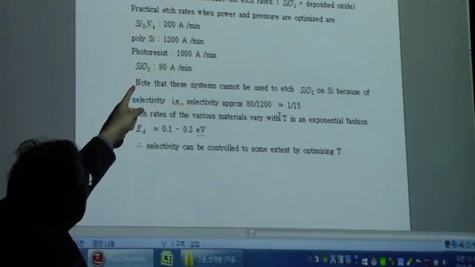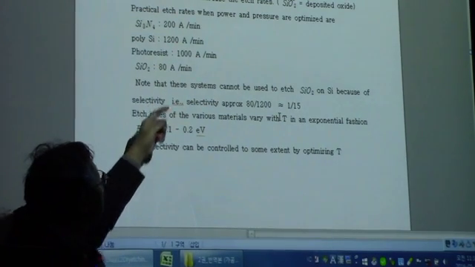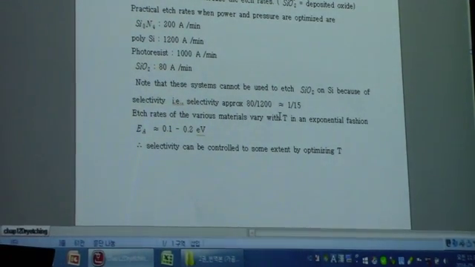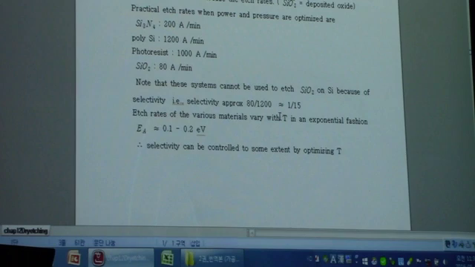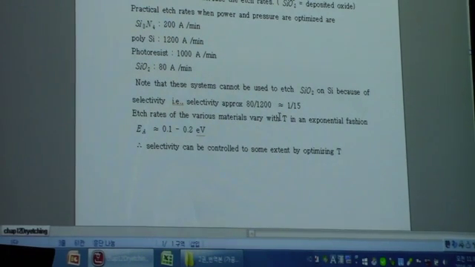But for polysilicon it is 1200 angstrom per minute, which is very much faster than that of silicon oxide. So when you etch the silicon oxide on top, you have to stop immediately right after the silicon oxide etch. Otherwise, the substrate, the silicon, is going to be etched very fast, much faster than the silicon oxide.